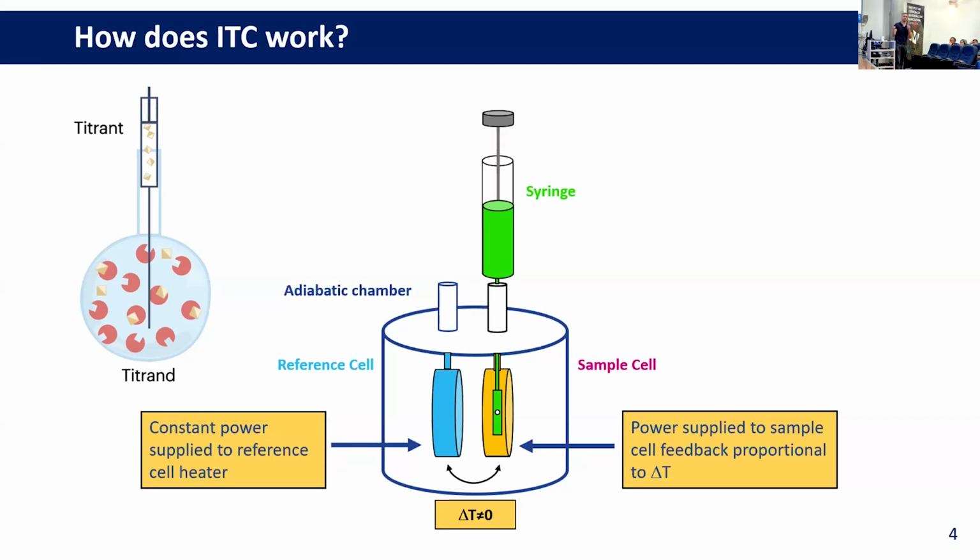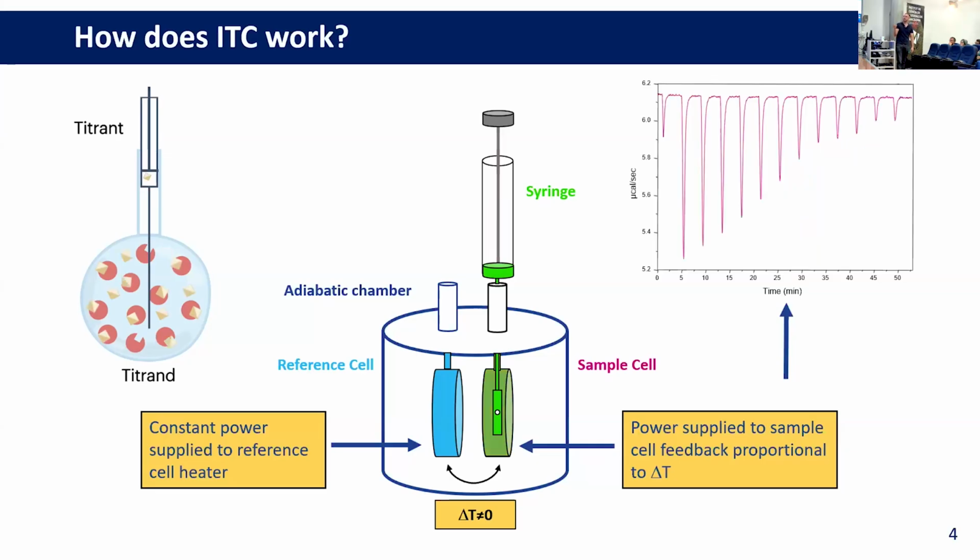So the equipment is going to apply some power to bring the temperature to the reference cell temperature. And we can quantify this energy that the machine is using to make the temperatures the same again. As we inject more and more titrant into the sample cell, we're going to have these peaks for every time there is an injection. It goes back to the same temperature, another injection, it goes back to the same temperature. At some point, we have a plateau here because after all the molecule has been saturated, there's no more interaction.